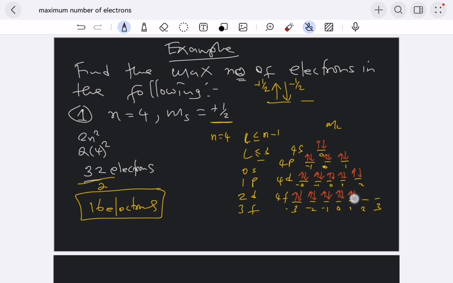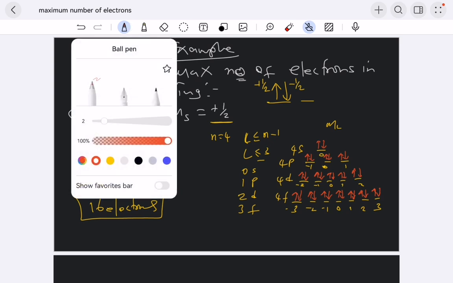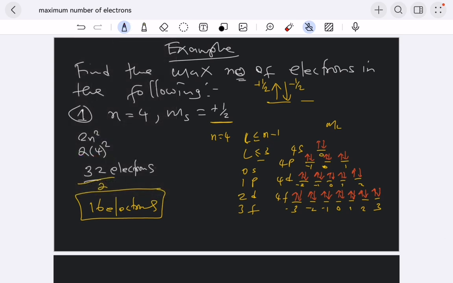To have a visual representation of what we are doing, we can now focus on those that are in a positive spin. So this is 1, 2, 3, 4, 5, 6, 7, 8, 9, 10, 11, 12, 13, 14, 15, 16. Therefore, my number of maximum electrons is 16.